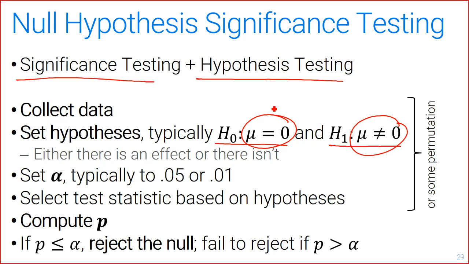We set the significance level typically to 5% or 1%, select the test statistic, and then compute the p-value. If the p-value is less than alpha, we reject the null hypothesis, and if not, we fail to reject it, and that's it. So here, what we're doing is first setting very specific hypotheses.